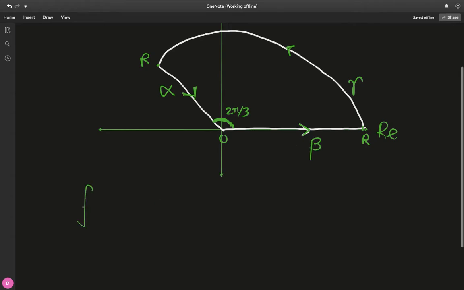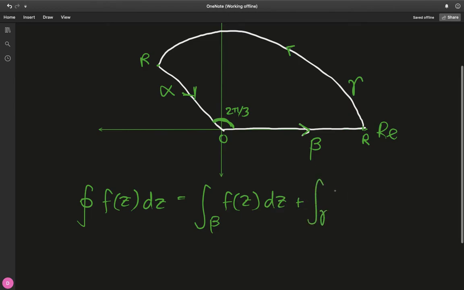So our entire contour integral of f of z with respect to z is going to look like, in segments, integral over beta of f of z dz plus integral over small gamma of f of z dz plus integral over alpha of f of z dz.